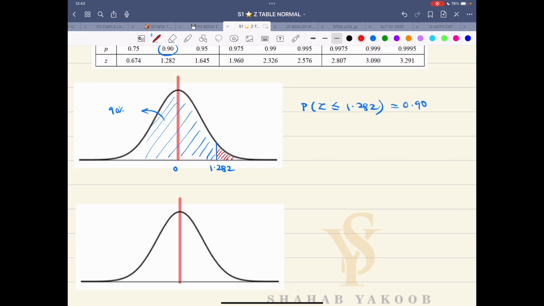How much is left? We know that the total probability can be written in fraction or integer, that is 1, or 100%. 100% is the same as 1. That means this thing is like 10% or 0.1. This is 90% or 0.9. So keep also in mind the total probability is 1.